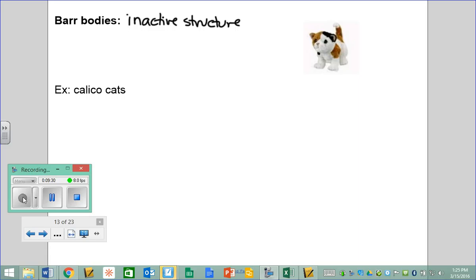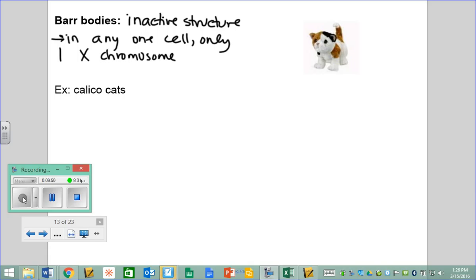The reason that anyone would have this structure is that in any one cell, only one X chromosome is active. This would apply particularly to females or anybody who has two X chromosomes.